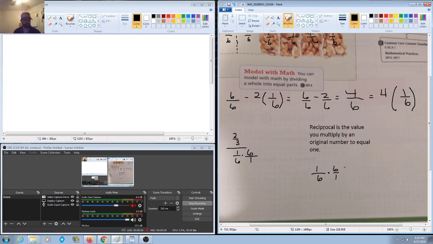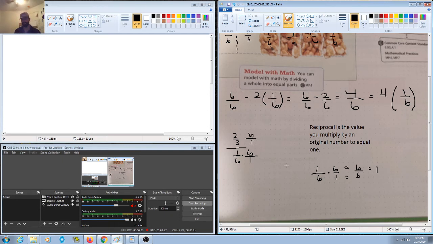So going back to the reciprocal here, just to show the mathematical proof of it equaling 1, if I multiply 1 by 6, I get 6, and if I multiply 6 by 1, I get 6. 6 divided by 6 is equal to 1. Any value divided by itself is going to be equal to 1. That's very important, because going forward it is going to be why multiplying by the reciprocal is equal to dividing the fractions.